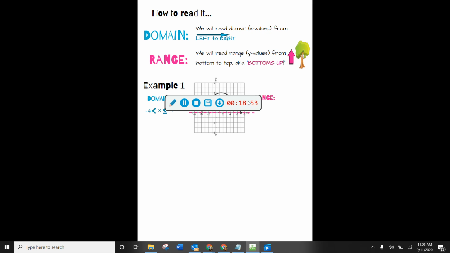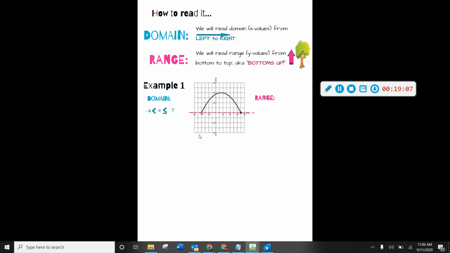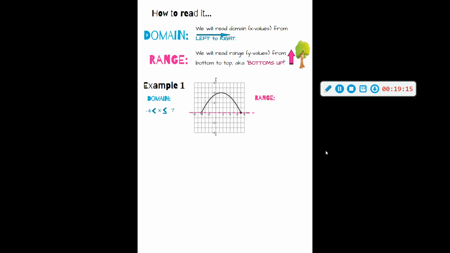Now, remember how I told you I don't care about domain, no left or right. I only care about the Y value, so I don't care about all these numbers written here. I care about the Y value, and that Y value is 0. This one says I'm not including 0, but this one says I am. Well, guess what happens?